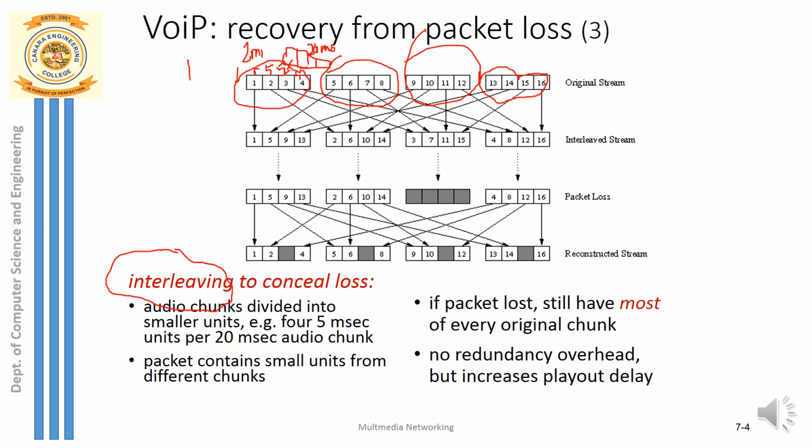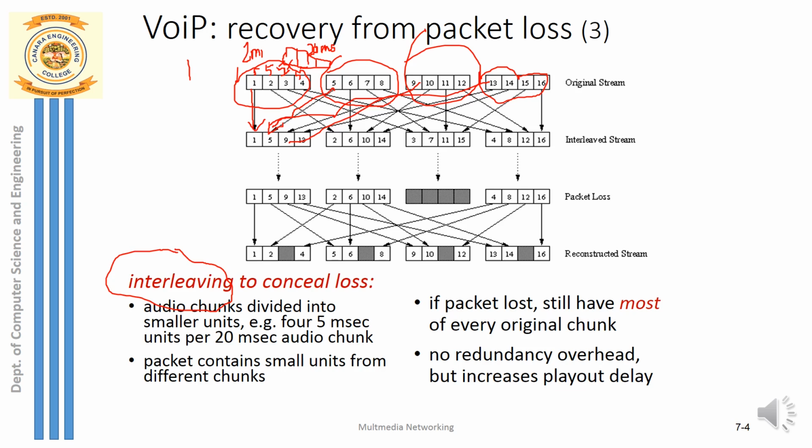The interleaving technique here is: before sending, the first unit of the original stream, chunk 1, is taken. The first unit from the second chunk is taken, again the first unit from the third chunk, and again the first unit from the fourth chunk.